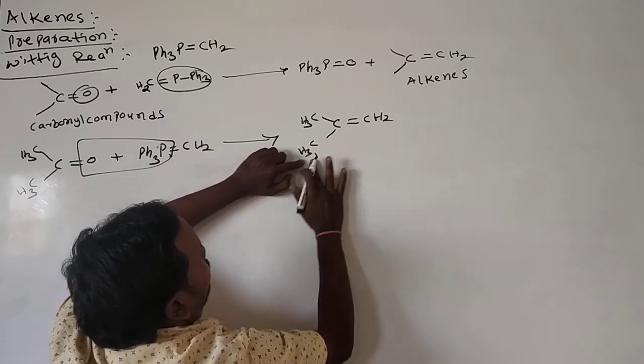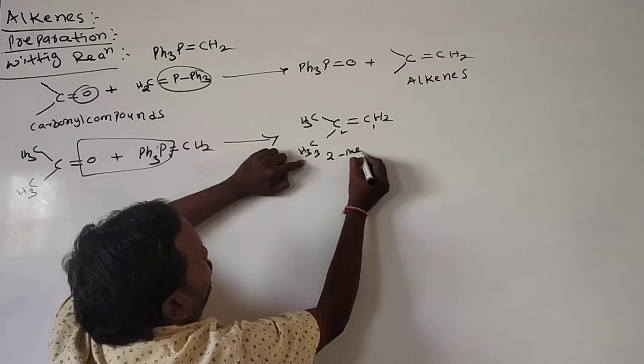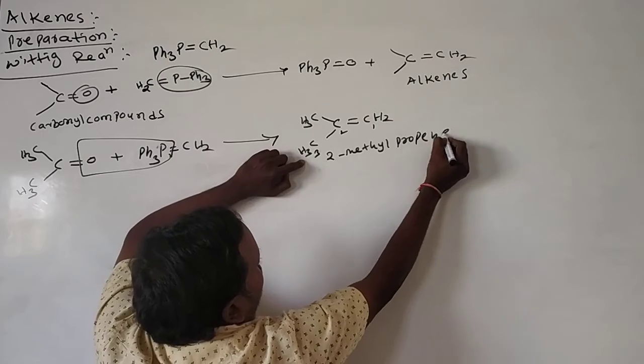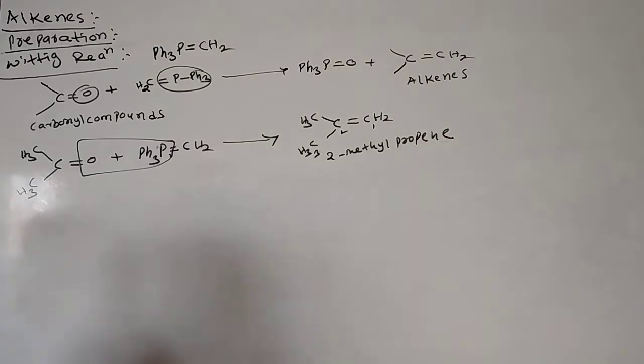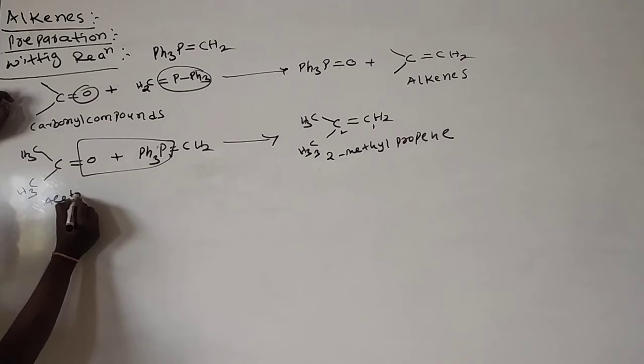Give the numbering: 1, 2, 3. 2-methylpropene was formed. This is the alkene. By using this Wittig reaction, we prepare many types of alkenes from different ketones and aldehydes.